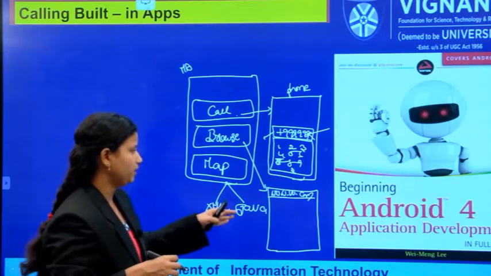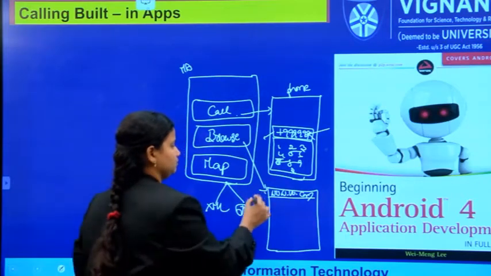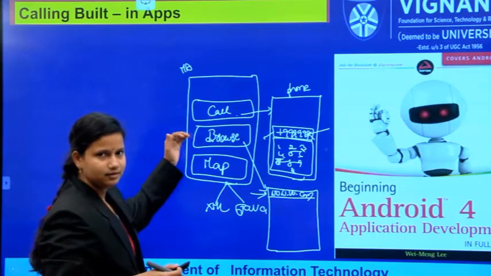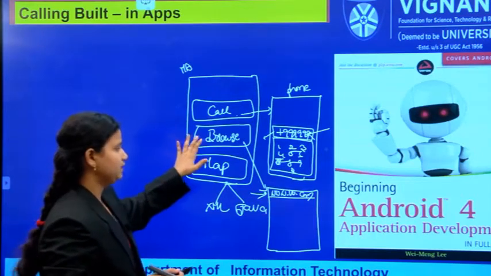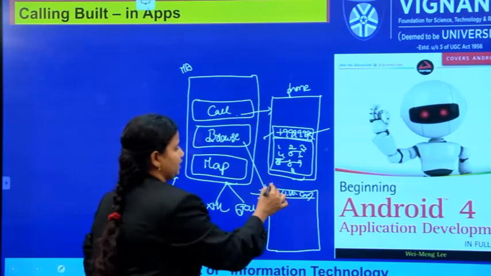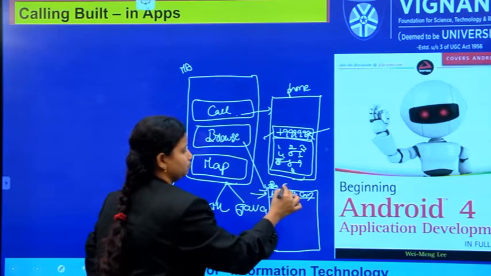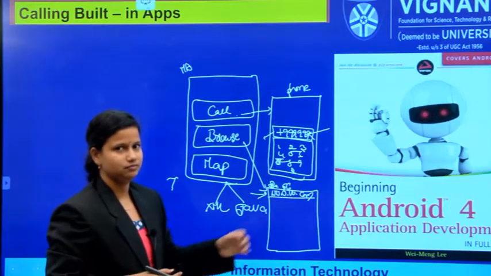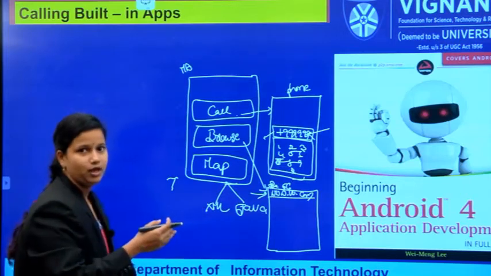That means it will open the corresponding address, the corresponding website provided in the browser. It will open the website in the built-in application Google Chrome, and it will search for that URL.